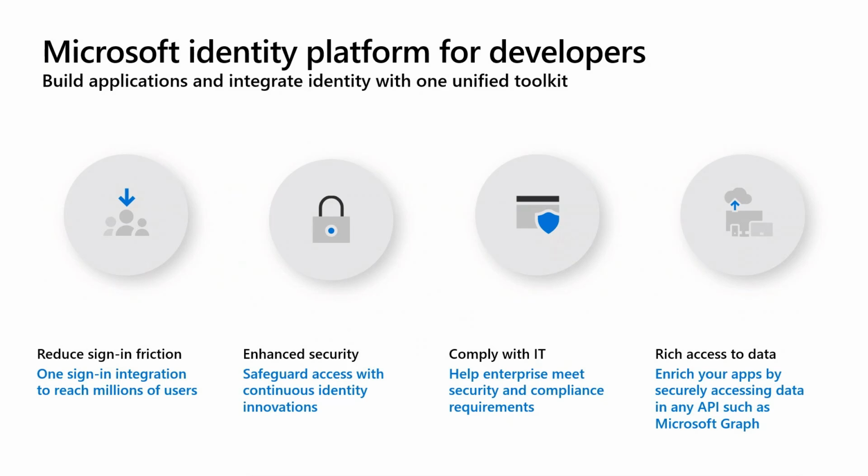But it's not just about saving time and money. Your app is going to be more successful because of 4 reasons. First, we're going to reduce sign-in friction. The Microsoft Identity Platform enables users to sign in with their preferred identity using a familiar user experience.